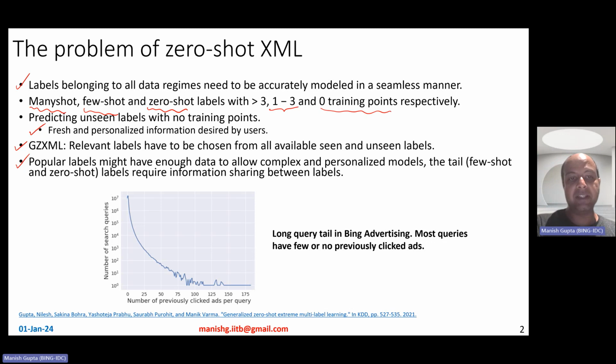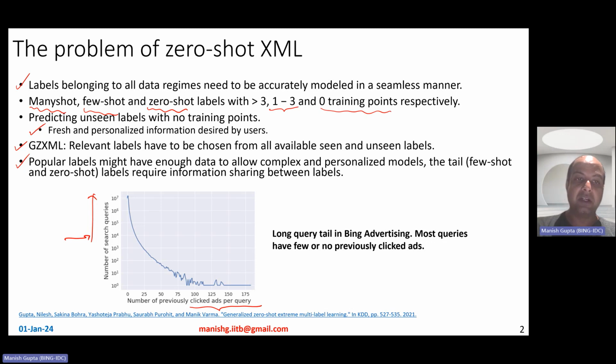Okay, this plot basically just shows you the number of labels associated with different numbers of previously clicked ads per query. On the y-axis you have the number of search queries, and on the x-axis you have the number of previously clicked ads per query. And what you observe is that there's a long tail. Most queries have few or no previously clicked ads, right?